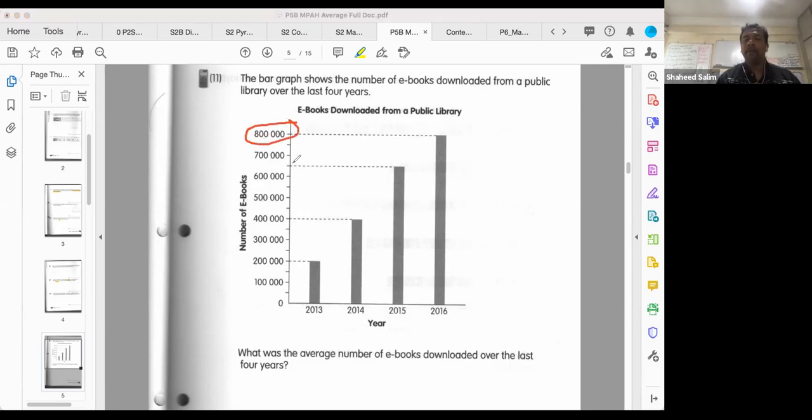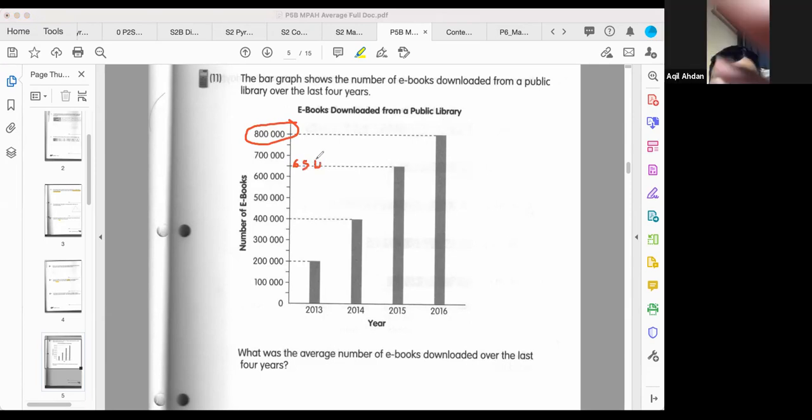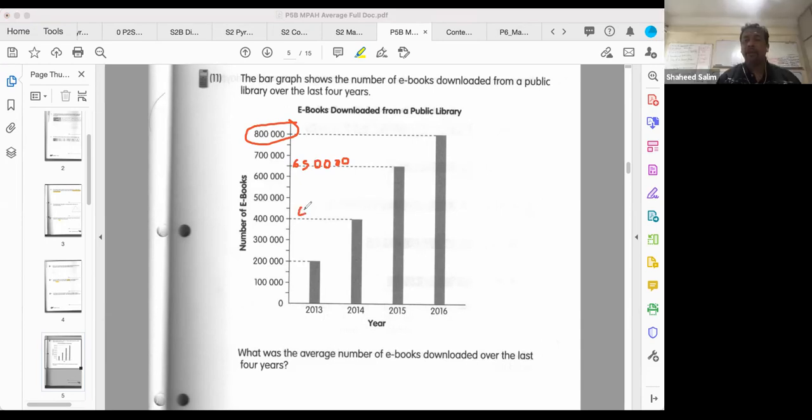800,000 plus how much is this one? 650,000. I think you got this one part wrong, maybe some of you. Then plus 400,000, and then plus 200,000. Add all of this. You will get 2 million something. 2,050,000.